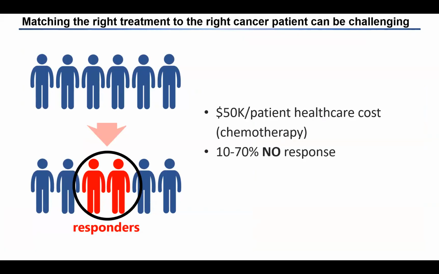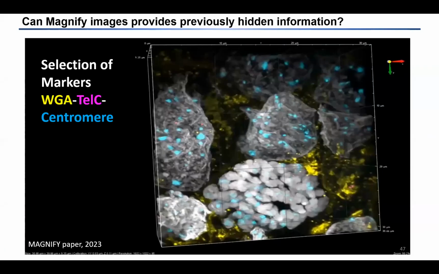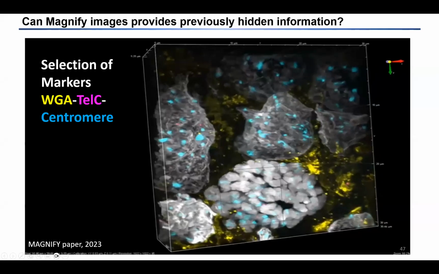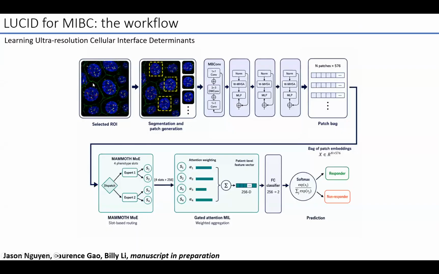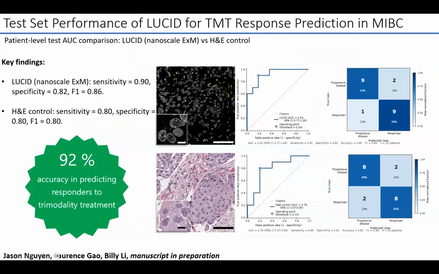Due to time, I'm going to skip fast. We collected biopsies from muscle-invasive bladder cancer patients. We stained with four different markers: DAPI, WGA, TLC, as well as the centromere. After that, we collected those tissue images and fed them into the AI models that we developed, and then we did a comparison.